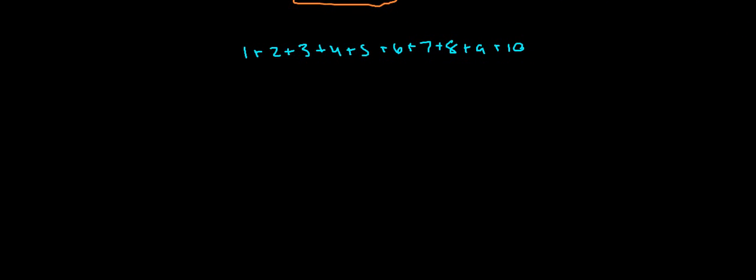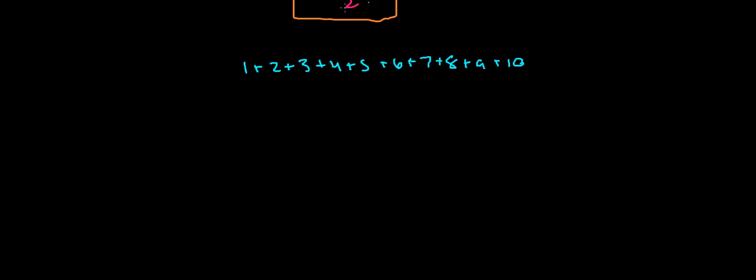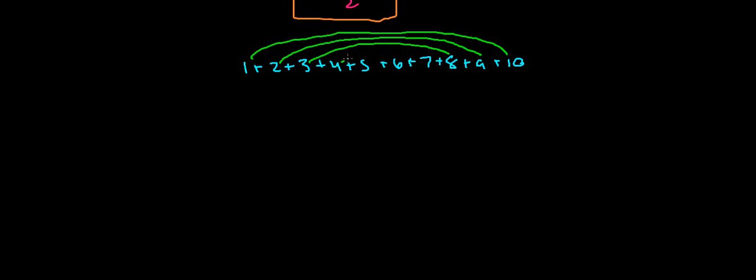And this will be a different way of thinking about it. It's the same thing, but it's just different. And these ones are easier. So another way of thinking about it, I've got a sequence, is to look at the sequence and say, well, 1 plus 10 is equal to 11, 2 plus 9 is equal to 11, 3 plus 8 is equal to 11, 4 plus 7 is equal to 11, 5 plus 6 is equal to 11.